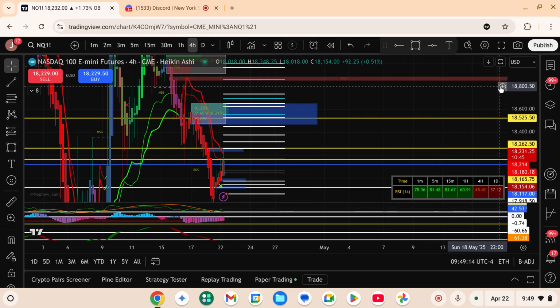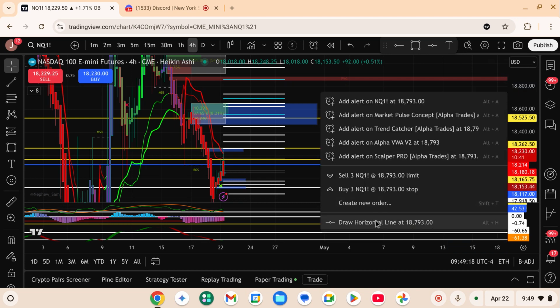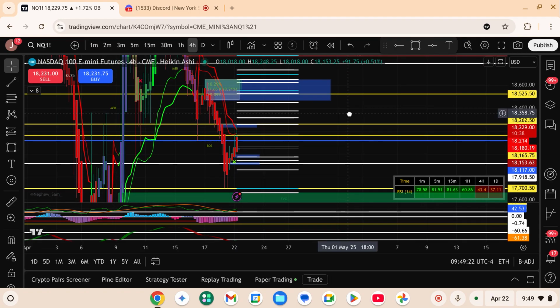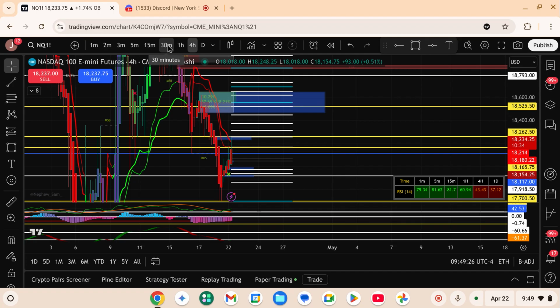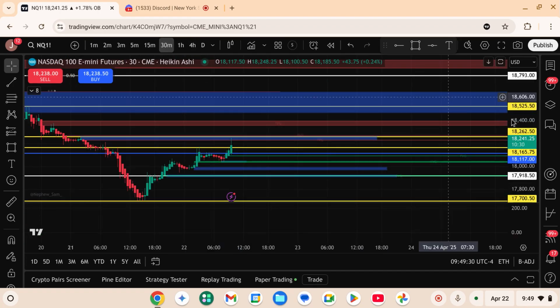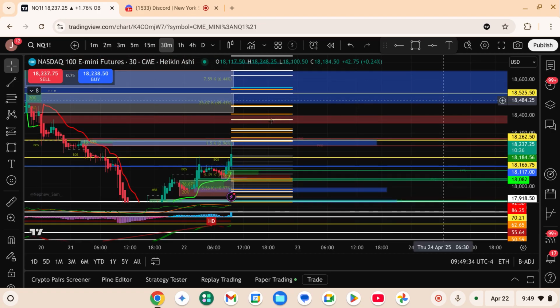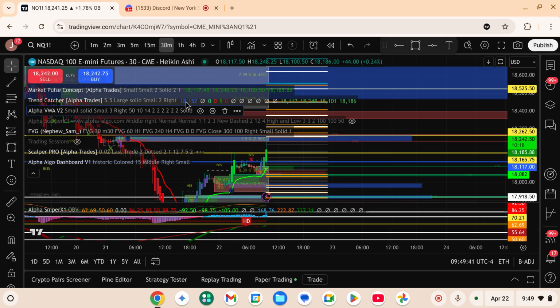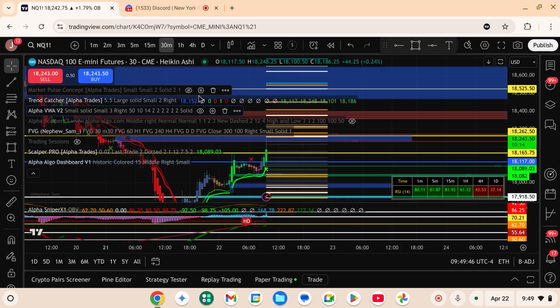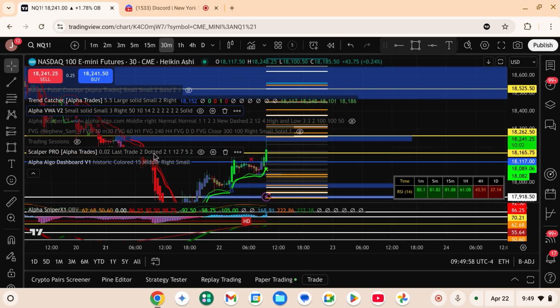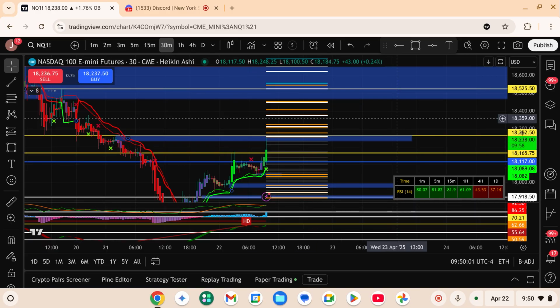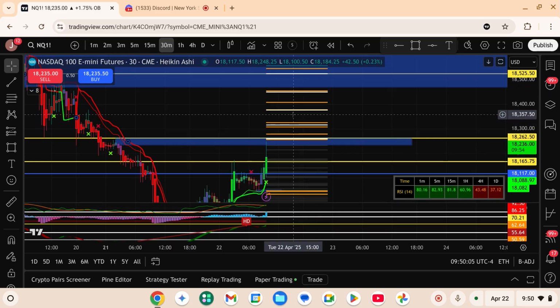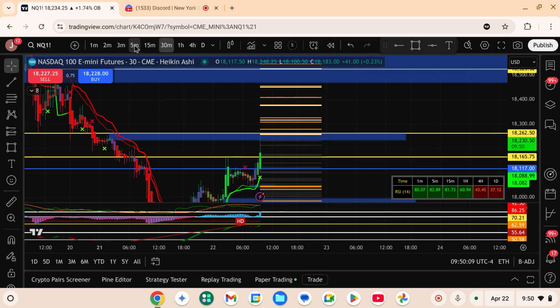This is where it would target. Turn that off. All right, now we just wait and see if we can get an entry.